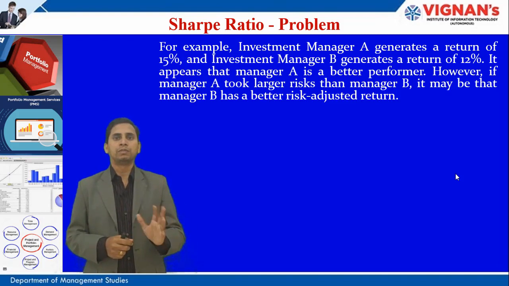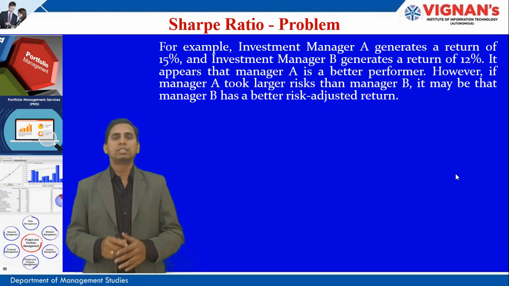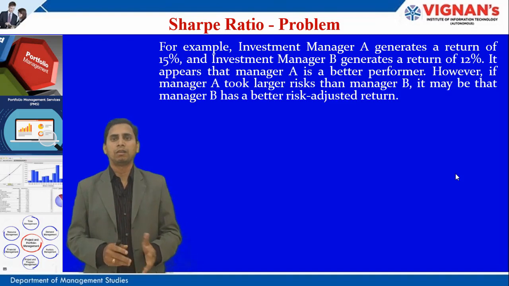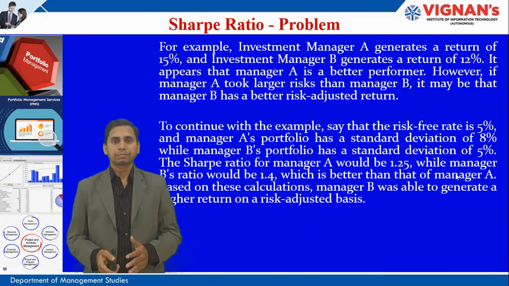Now it appears that portfolio manager A is the better performer, because from the returns perspective, manager A has generated higher return. However, if manager A took higher or larger risk than portfolio B, it may be that manager B has a better risk adjusted return. We could understand.